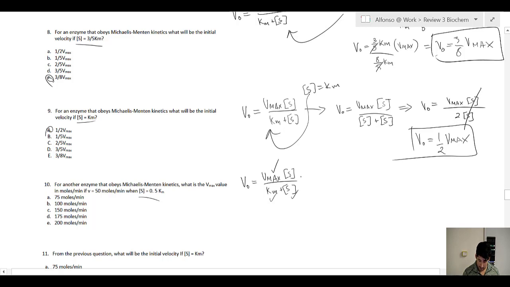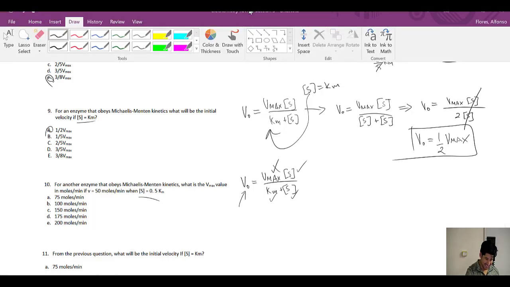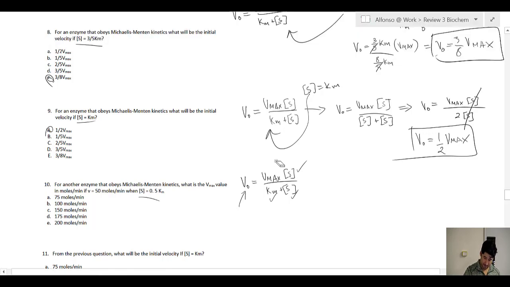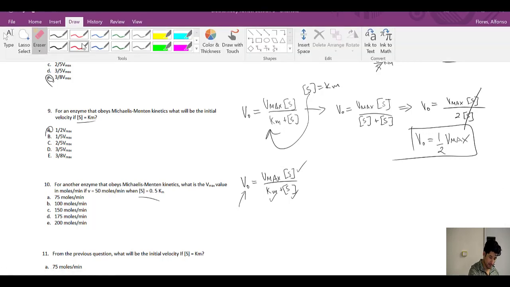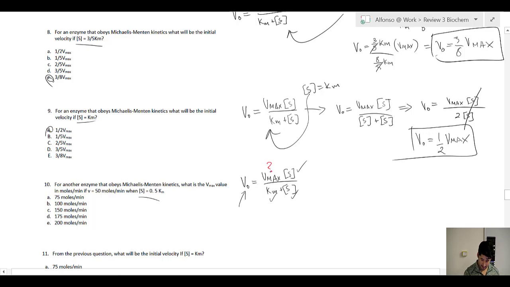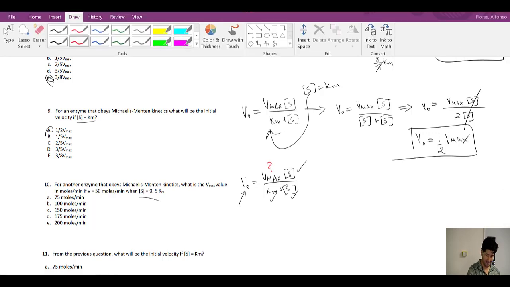So we know this, we know that, and that. We're in good shape. Wait, no. We don't know Vmax, but we do know this. I got a little excited. But here. Boom. We know everything but Vmax, because that's what the question wants.